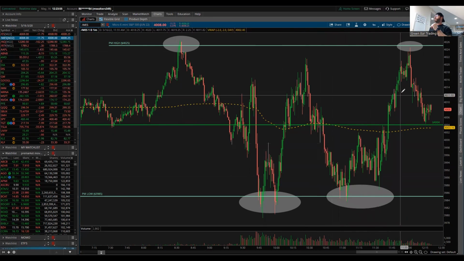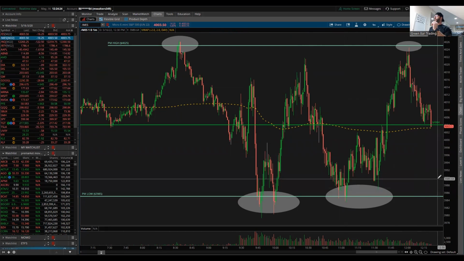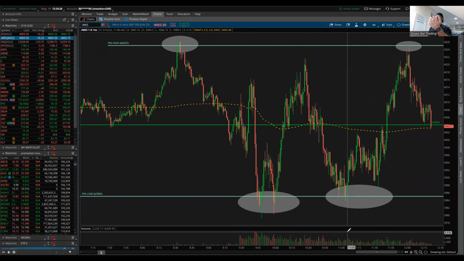But right now we're trading in a range, and totally expected this consolidation right at this level, 4,004, which is what we showed you over on the SPY as 400. Very key level, and this is also right on VWAP. So when it does this consolidation coming down, will we break down lower? Will we break this and then come back down and retest this area? It's possible. It's possible we bounce.